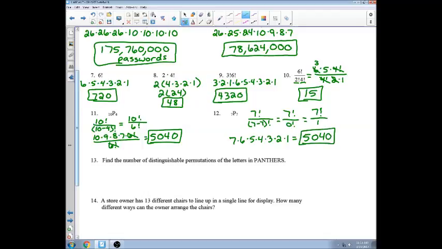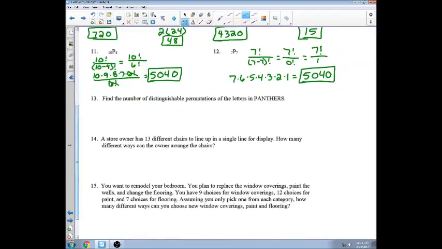Okay. Find the number of distinguishable permutations of the letters Panthers. This is what we did on the front side at the very beginning. So I'm going to put the total number of options that I have in factorials. Panthers is 1, 2, 3, 4, 5, 6, 7, 8 letters long. So it'll be 8 factorial.